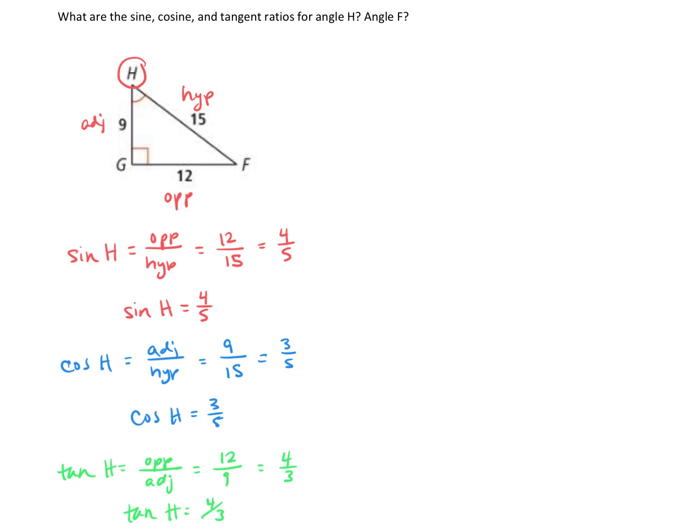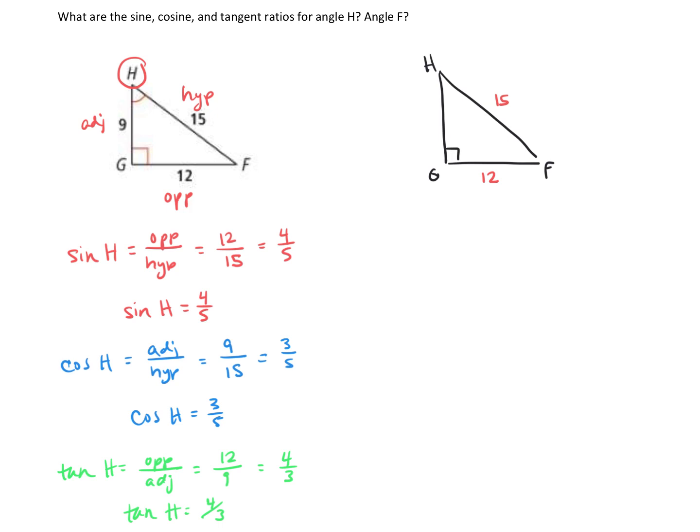We are going to do the same thing for angle F. I am going to redraw the triangle. Maybe not accurately, but here's H, here's G, here's F. We know that this is 9. We have a 12 down here and a 15 for our hypotenuse.